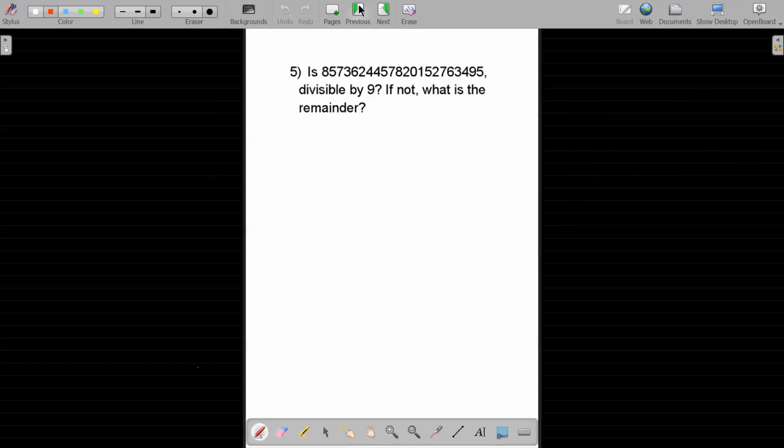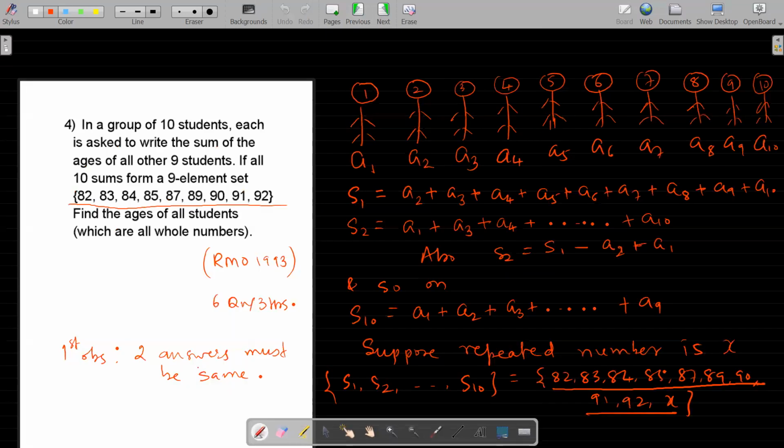One of these numbers is repeated and we are calling that x. So which number is divisible by 9 out of this? 90. So x is 90. Is that fine?